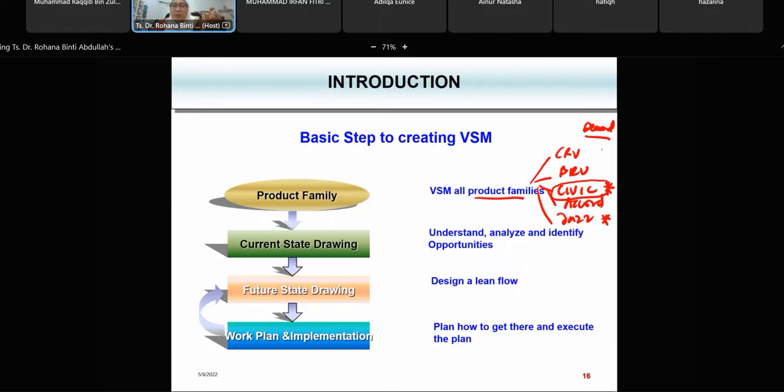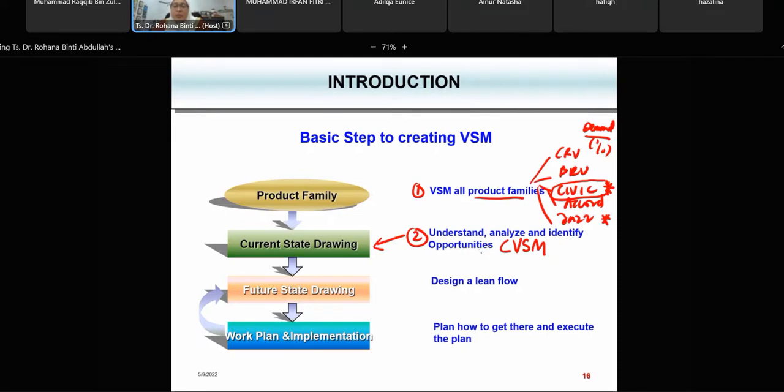Once kita dah pilih based on the highest demand punya kriteria ni, alright, next, alright, kita pergi yang kedua, you go and understand, analyze and identify the opportunities. This is where you have to do the current state value stream mapping. This is where you do the CVSM in order for you to understand, analyze and identify opportunity.